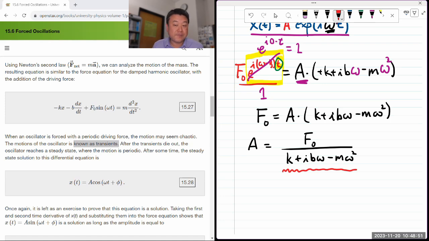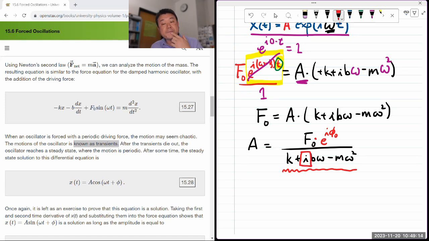So let's say you write out F naught with the explicit phase, F naught times e to the i phi naught. Whatever phase factor you have in the numerator, you still have this phase factor in the denominator.